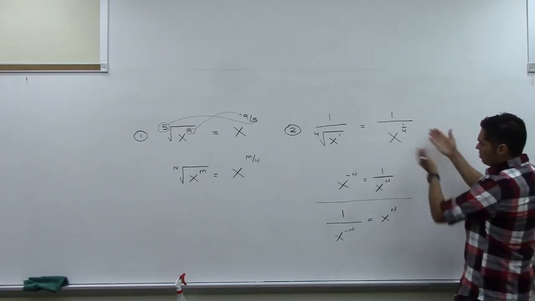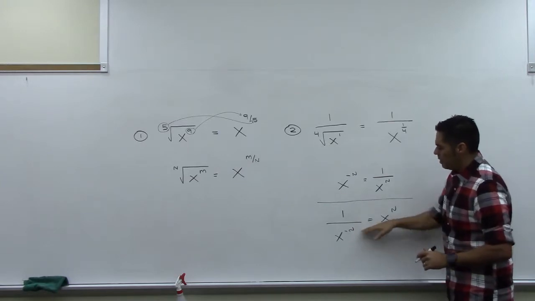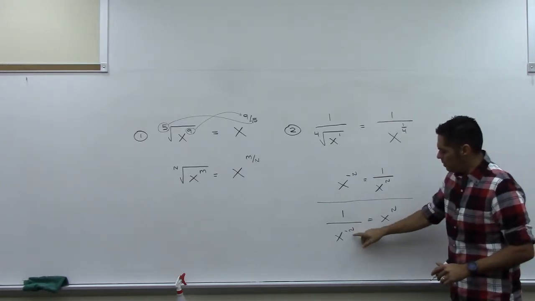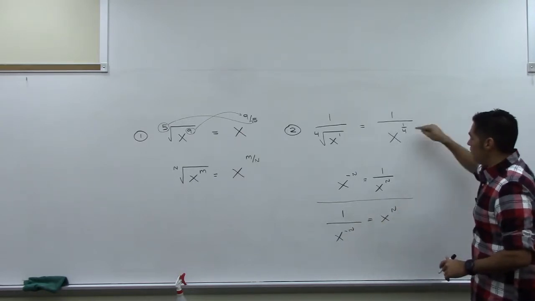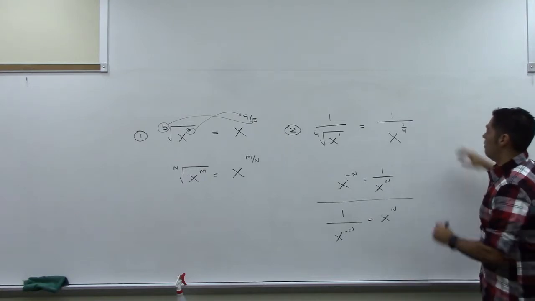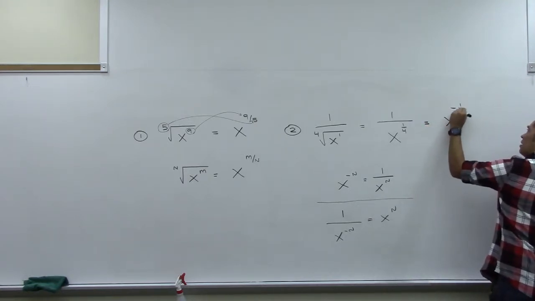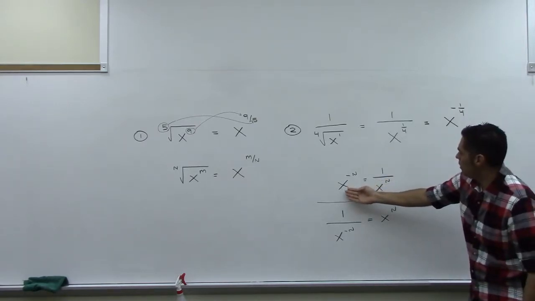So looking at this right here, we can kind of use this property, except that it's not negative. So if this property says that a negative power comes up and becomes positive, then that means a positive power should be able to come up and become negative. So you could look at it that way, or you could also say, hey, it's this property right here.